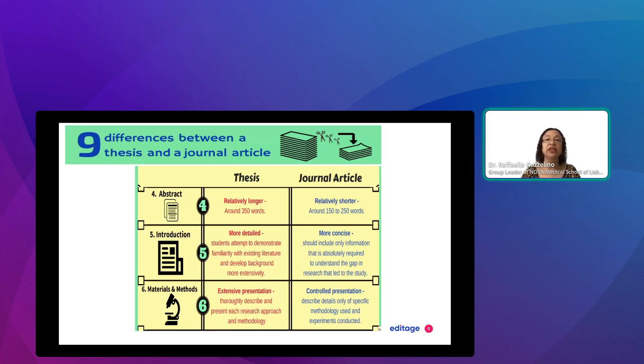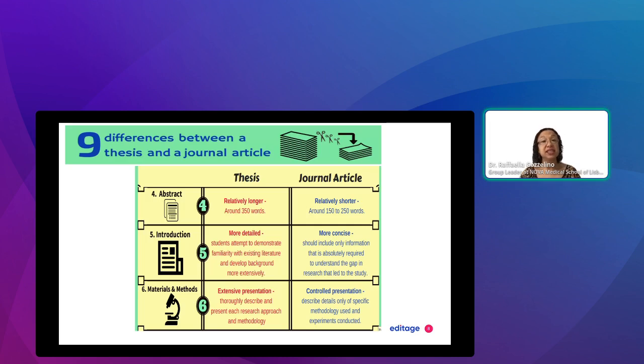And also, sometimes in journal articles you might find abstracts that are not written in a narrative form as in the abstract of the thesis, but are very structured, outlining the main concepts of introduction, material and methods, objectives, results, and discussion.